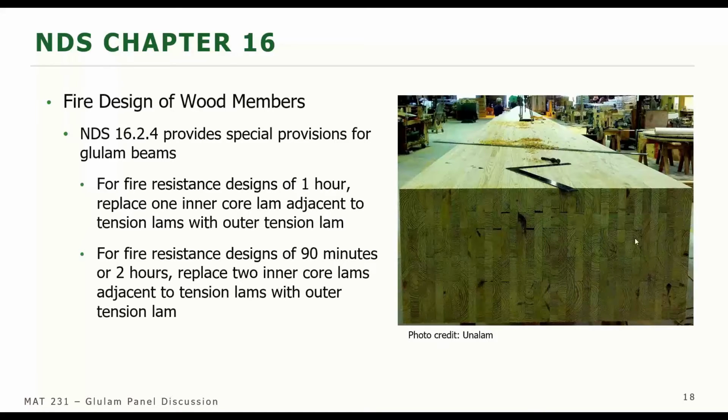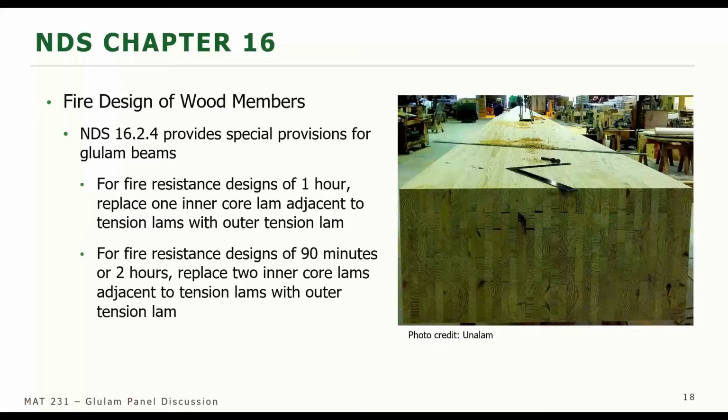Imagine we're replacing one of the inner core lams that's adjacent to a higher grade, higher capacity outer tension lam. We would replace one of those with the higher capacity, higher grade tension lam. If you're designing a beam for 2 hours, you would replace 2 of the inner core laminations with the higher quality tension laminations.